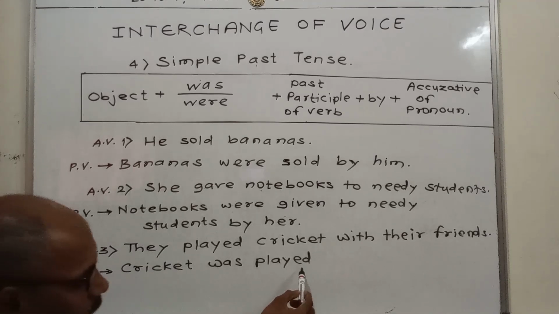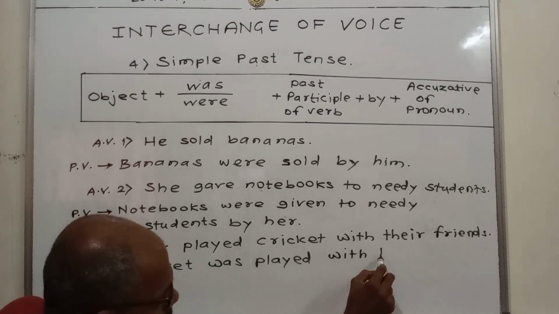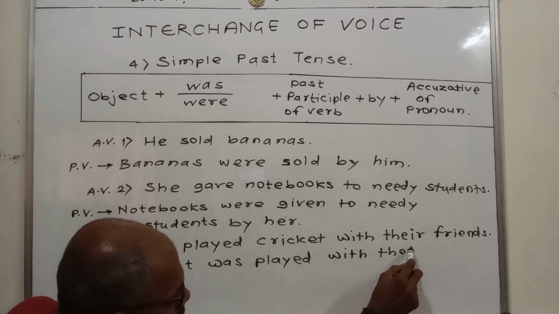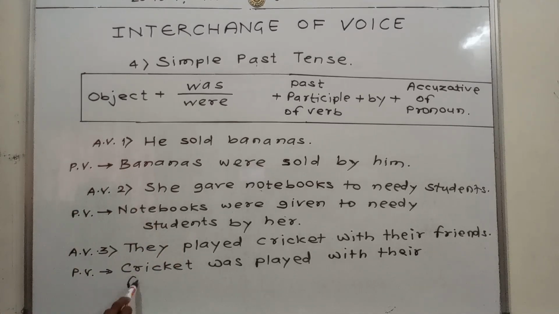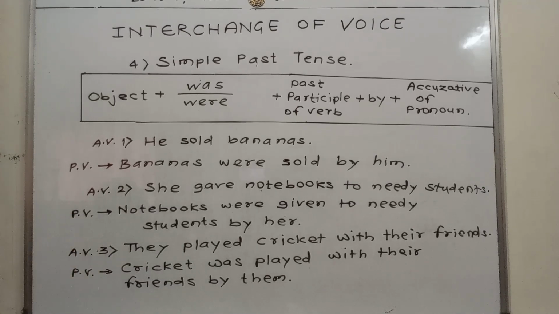Cricket was played with their friends by. After that, by we write, and then accusative of they. What is them? Write this.